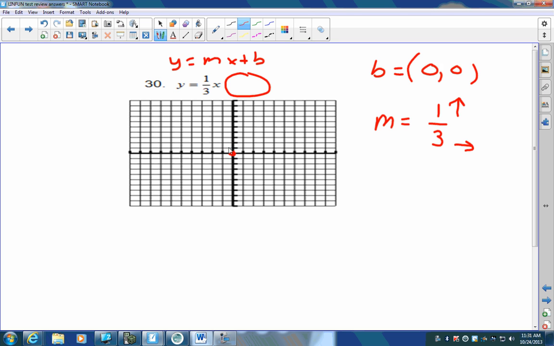Starting at the y-intercept, up 1 to the right, 1, 2, 3. I can go down 1 and to the left, 1, 2, 3. There's my line.